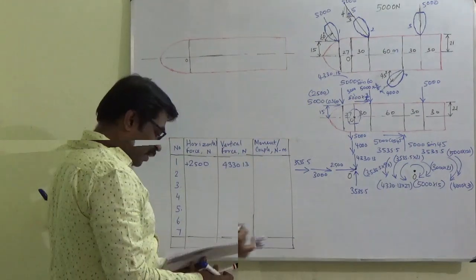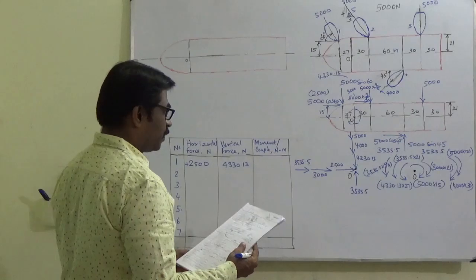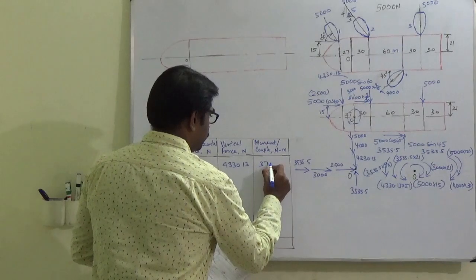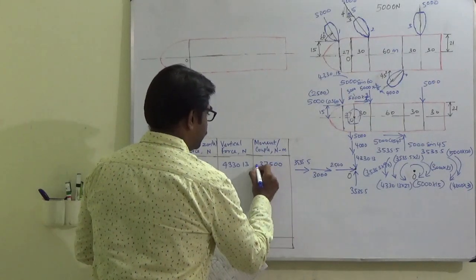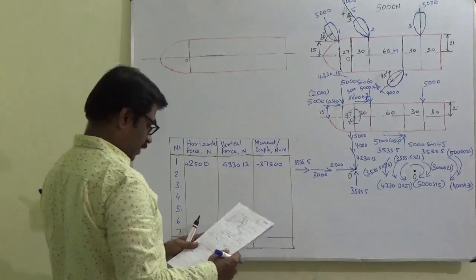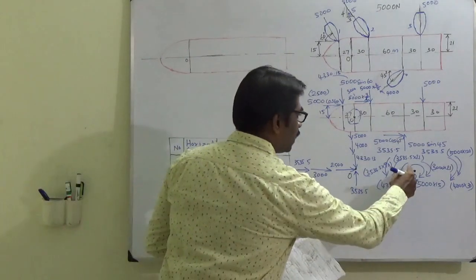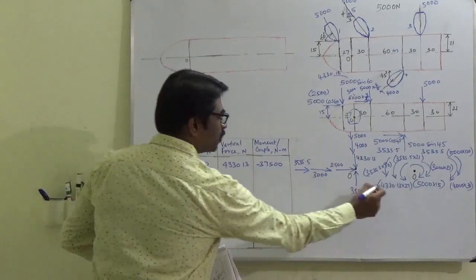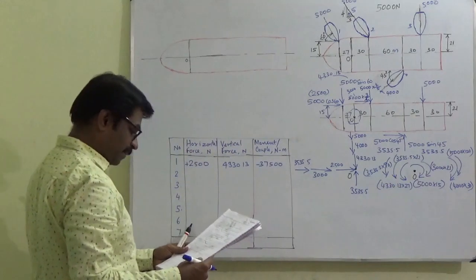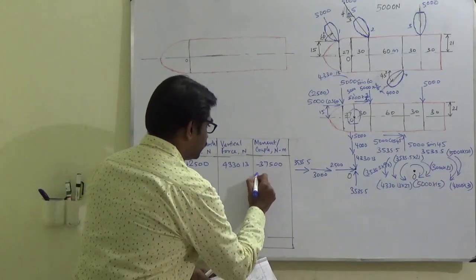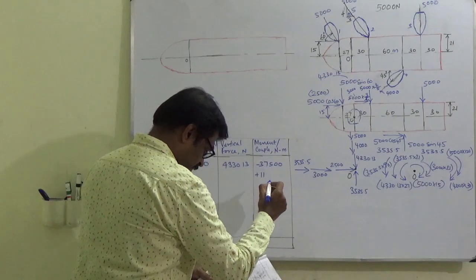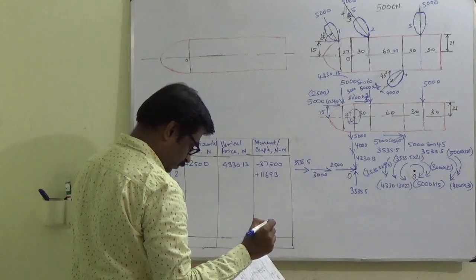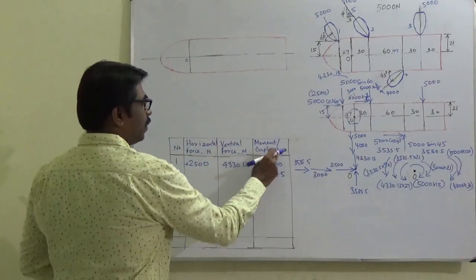Okay, let me write the values. So the clockwise moment is 37,500 negative. Okay, and then you have anti-clockwise, right? 4330.13 into 27, which is plus 6913.5, all in Newton meter.